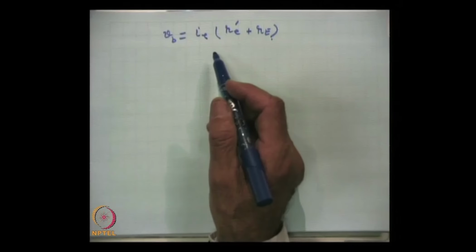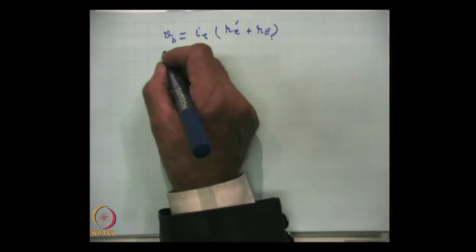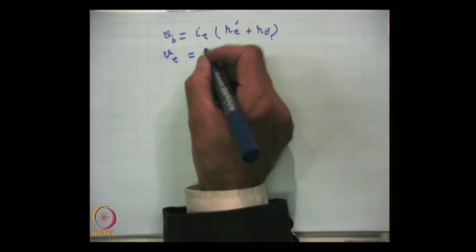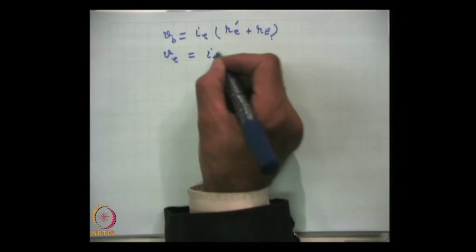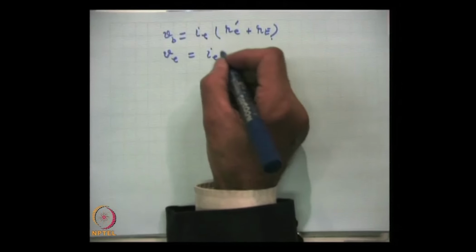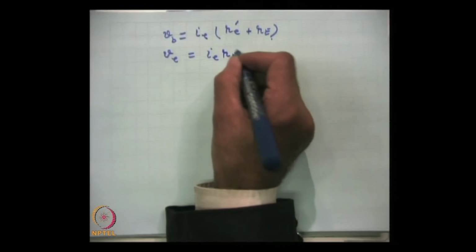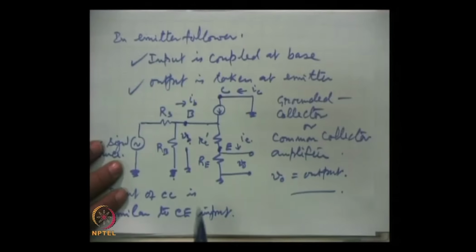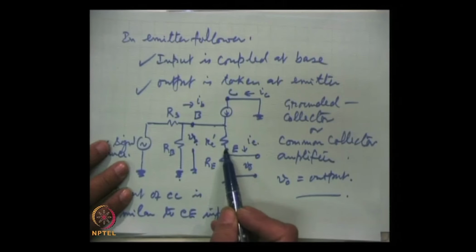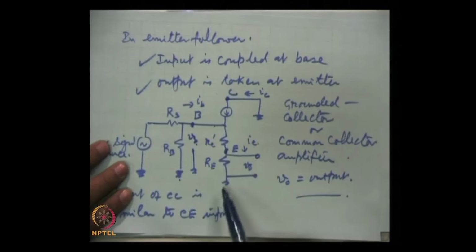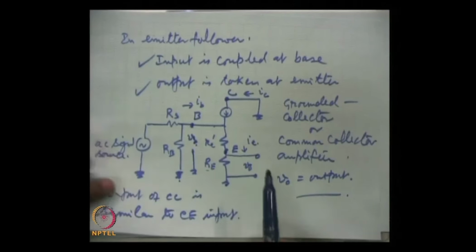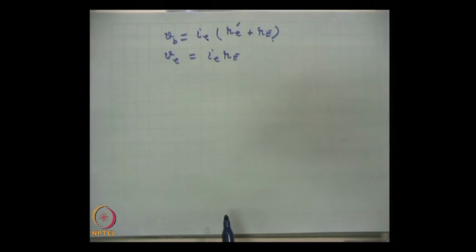And the other equation, V E, this is I E into R E. What is the voltage? This is the emitter lead. So, what is the voltage here and here? This is simply this current and the effective value of this resistance.